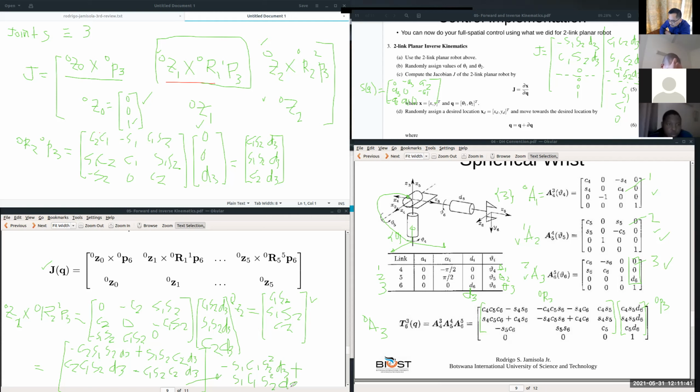There you go. Okay, that's the third column. Now we're complete. So because we know 0 is 2, we can write down the last column of the Jacobian so that it will be clear for you.